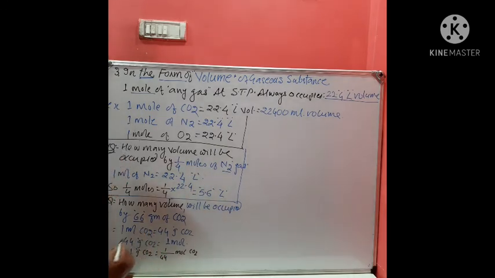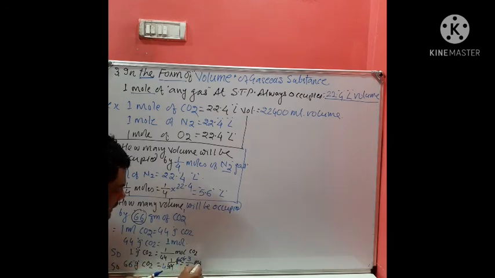Now how many gram is given in the question? 66. So 66 gram CO2 is equal to 1 upon 44 multiplied by 66, which is equal to 3/2 moles.